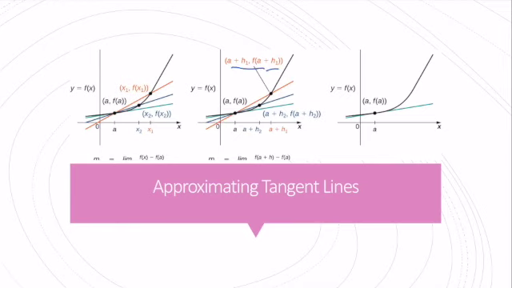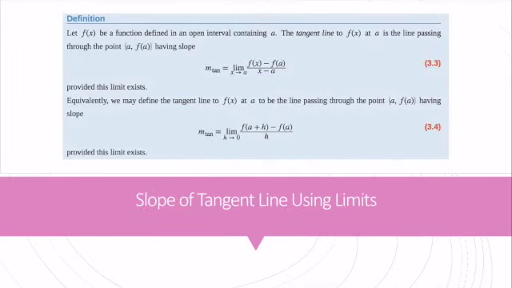And here we have our tangent line, where before m_sec was the slope of the secant line. This is the slope of the tangent line. Here we have it defined as the limit.